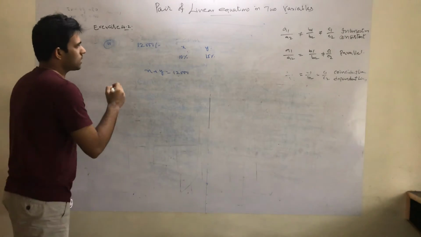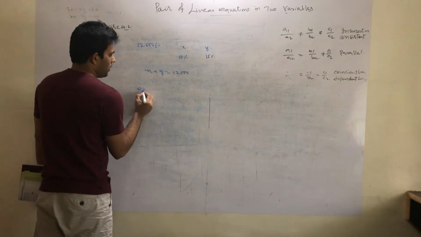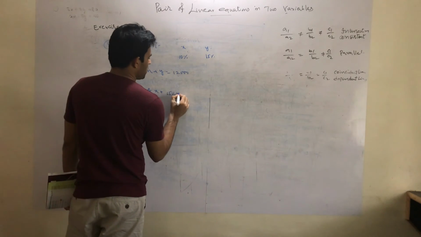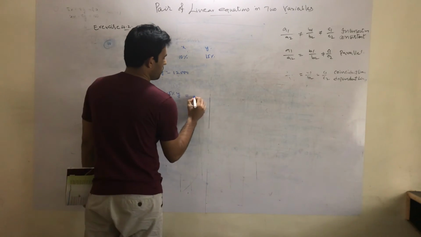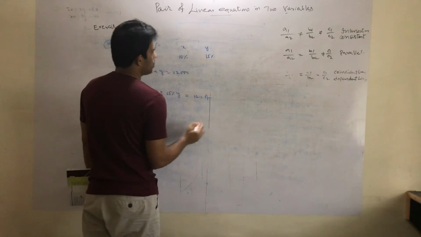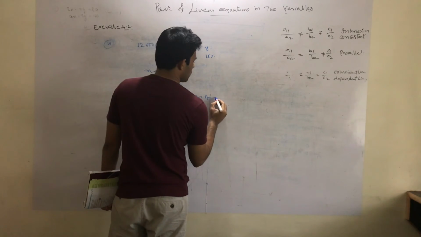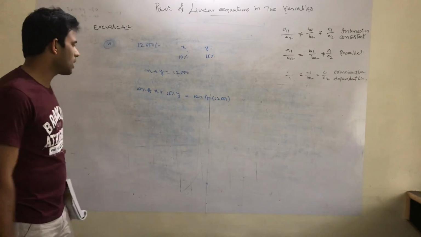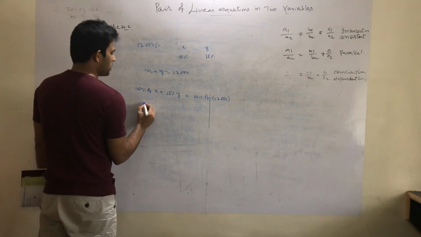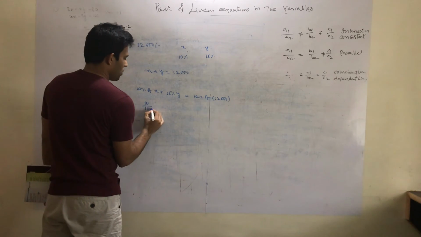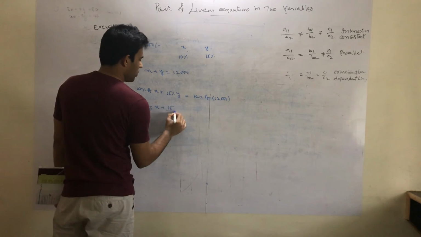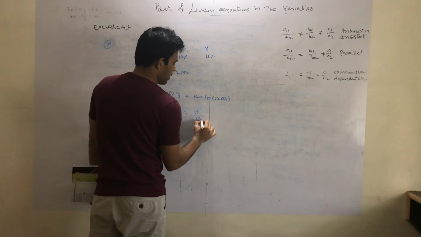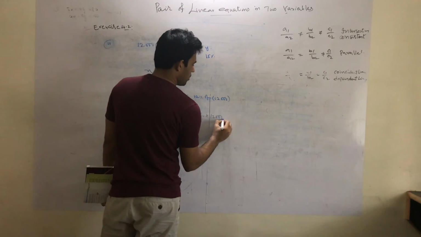Okay, so the next equation becomes 10% of x plus 15% of y to become 12% of the total amount. Total amount is 12,000. Right? So this is equation number 2. So 10% of x is 10 by 100 into x plus 15 by 100 into y. That becomes 12 by 100 into your total amount of 12,000.